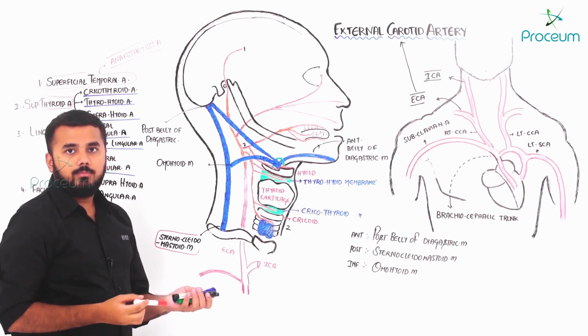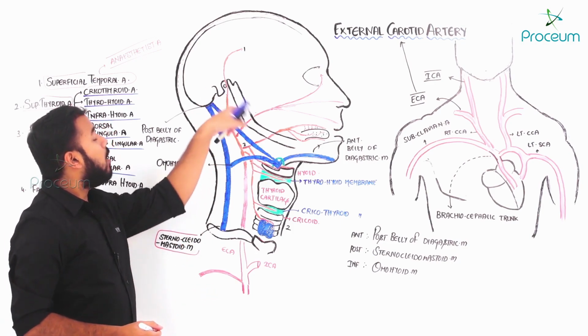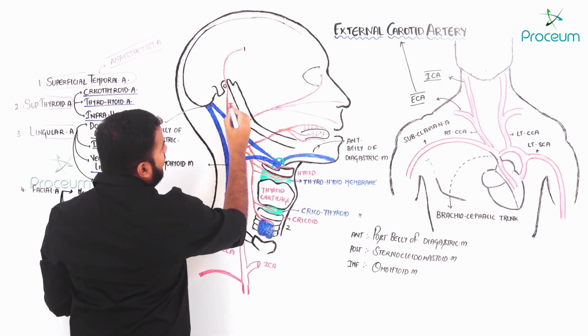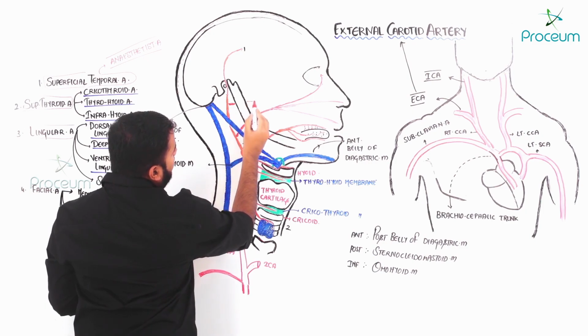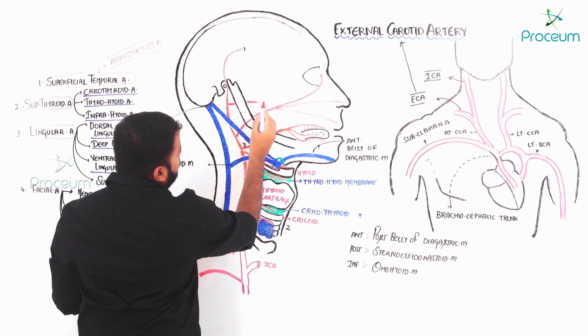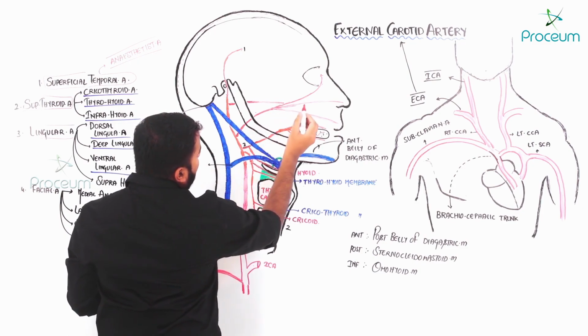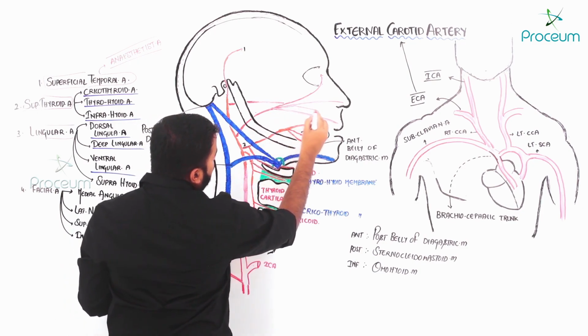The next branch arises outside the carotid triangle. Look here very carefully. This branch starts from outside the carotid triangle and comes all the way like this. This branch supplies your maxilla.